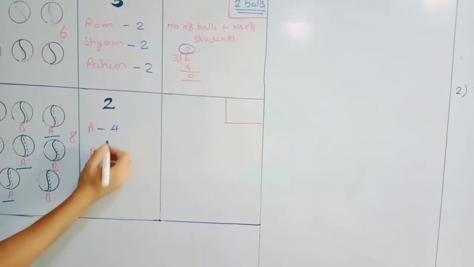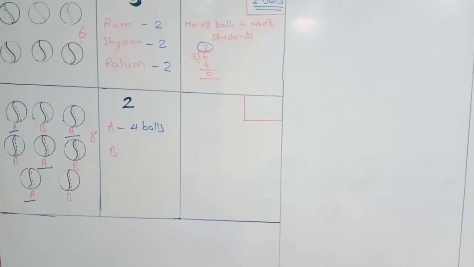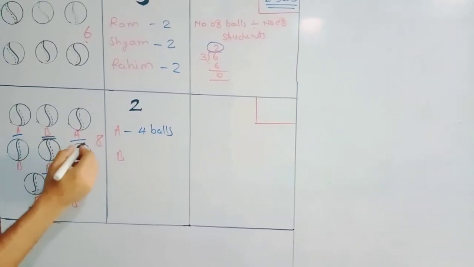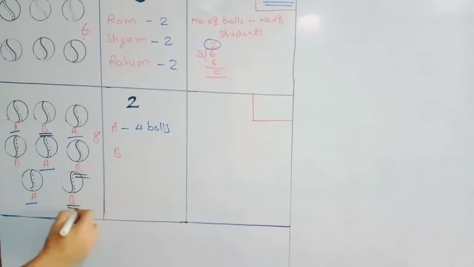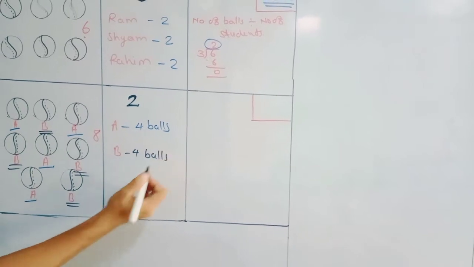A will get 4 balls. Now we count for B. 1, 2, 3, 4. B is also getting 4 balls.